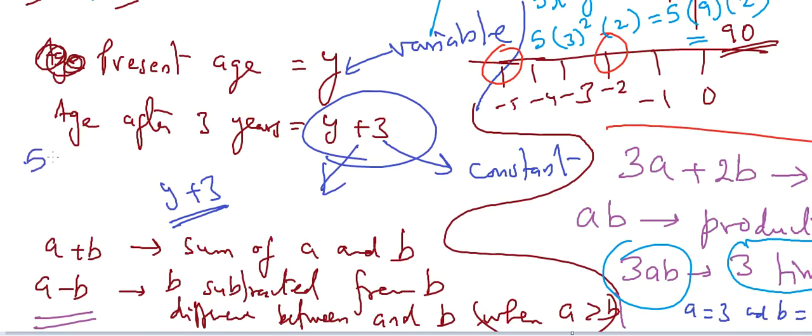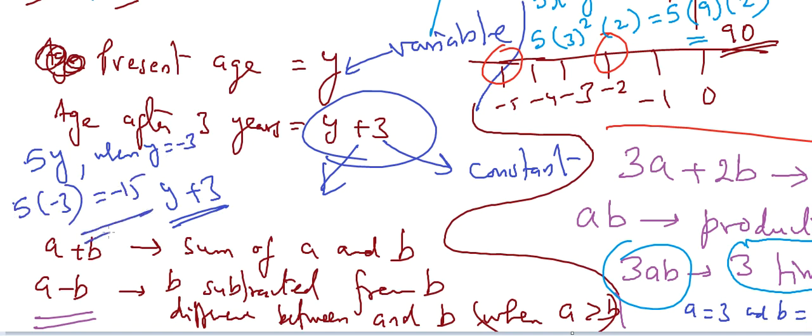Say the value of 5y when y equals minus 3. We can write 5y as 5 into y, so 5 into minus 3, which is minus 15. It will be convenient to use brackets, otherwise it will be confusing. 5 into (minus 3), it's more clean and neat, so less confusion.